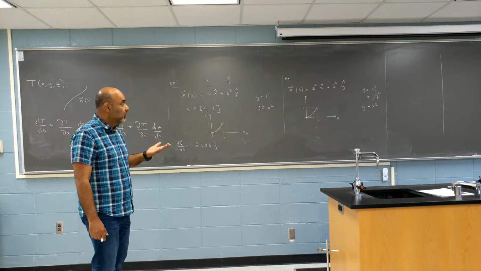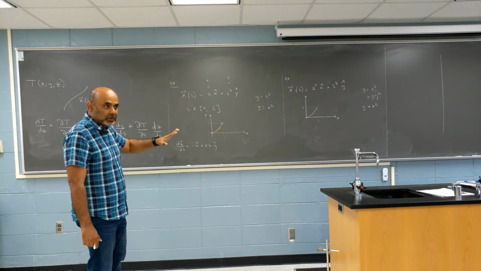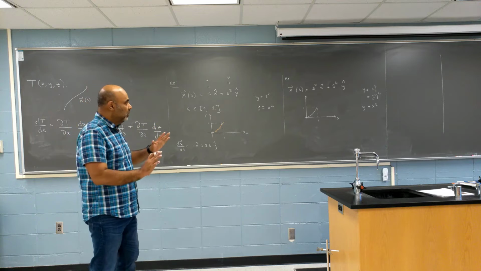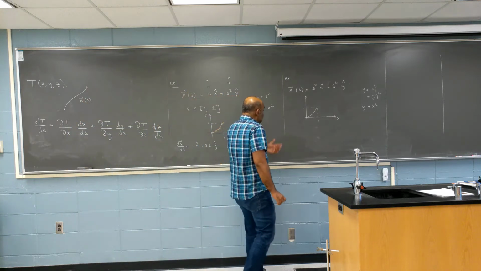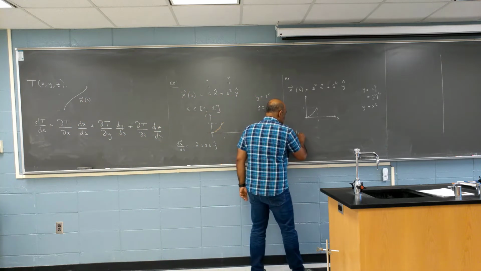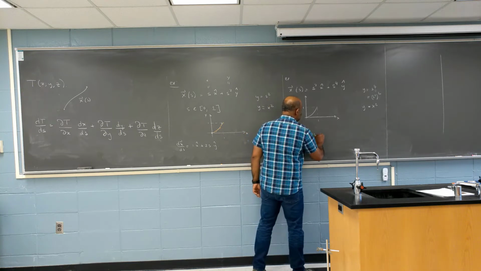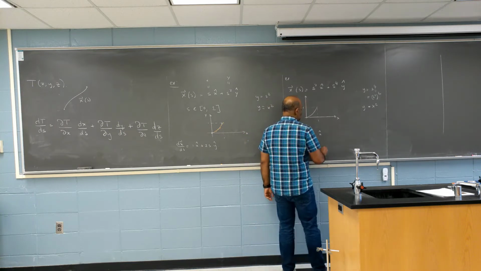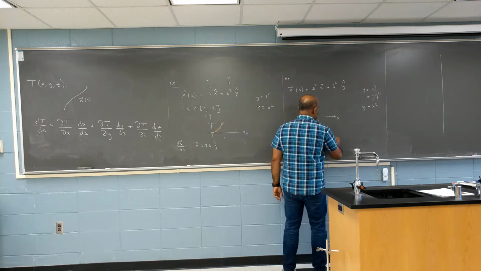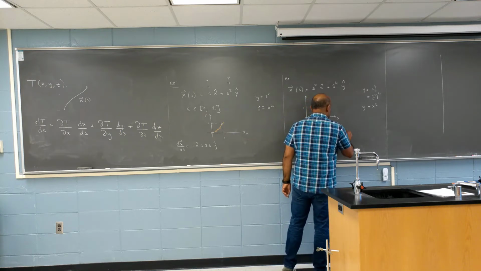But this chapter is just vector calculus, learning all the tricks of the trade. The only difference is dx/ds now is 2s x hat plus 4s cubed y hat.